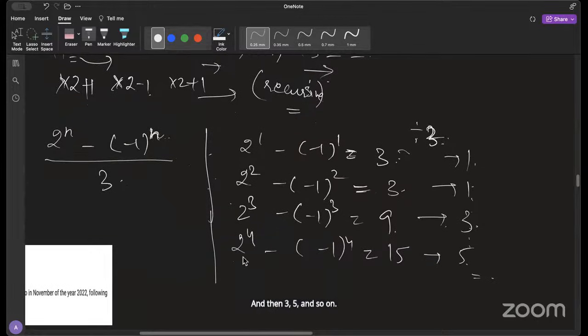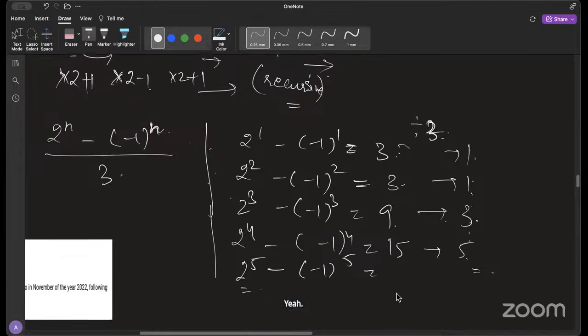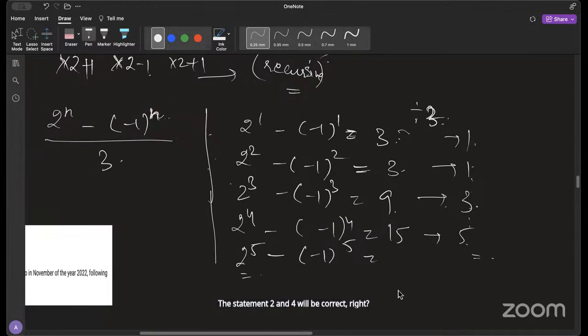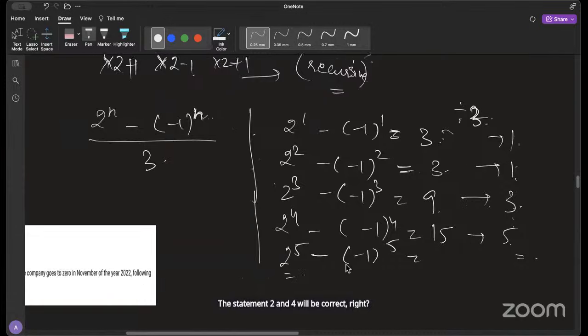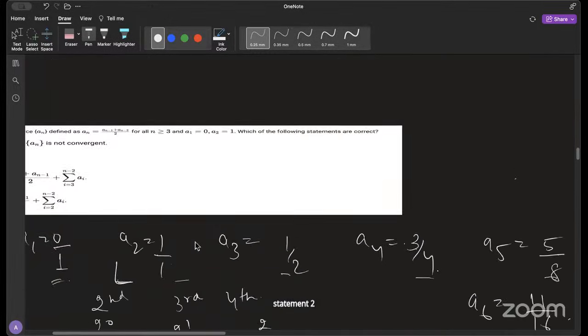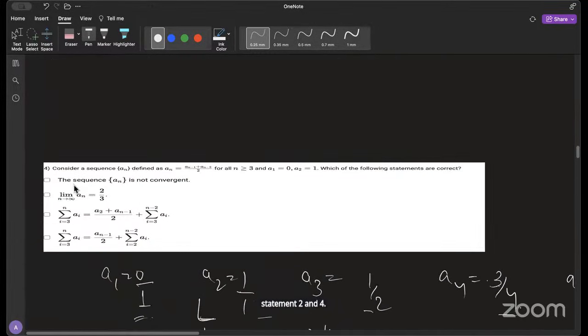I think the other one should work too. Ma'am, this one's 32, and then, yeah, the statement 2 and 4 will be correct, right? Statement 2 and 4. Option 2 and 4. Yeah, second one and fourth one are correct.